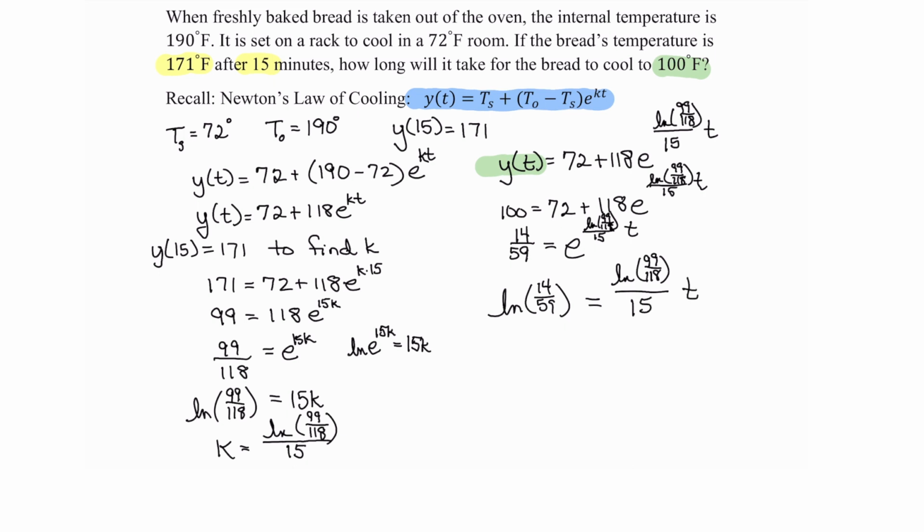Then solving for t, we'll multiply both sides by 15 and divide by the natural log of 99 over 118. So my t is equal to 15 times the natural log of 14 over 59, over the natural log of 99 divided by 118.